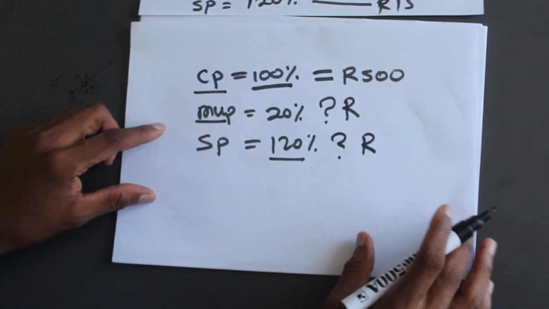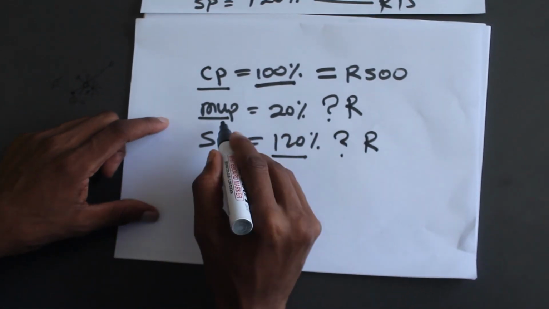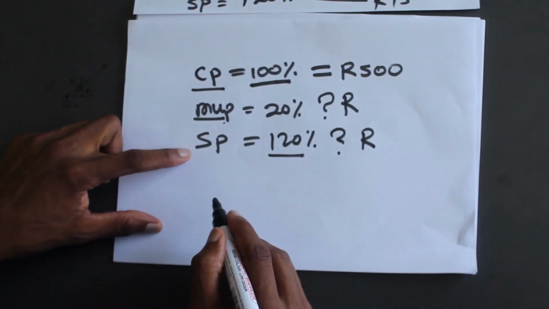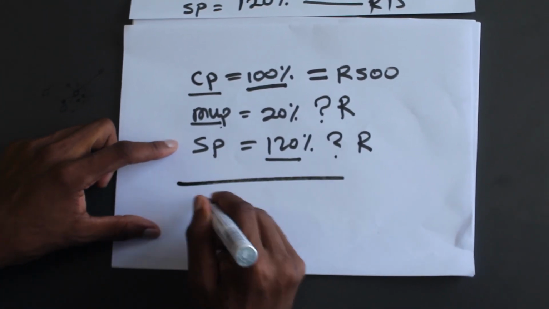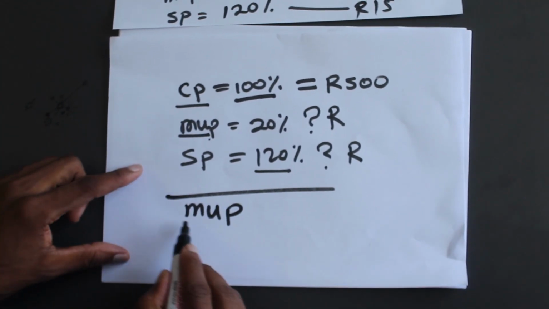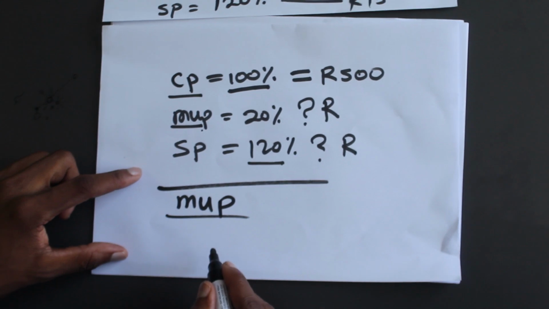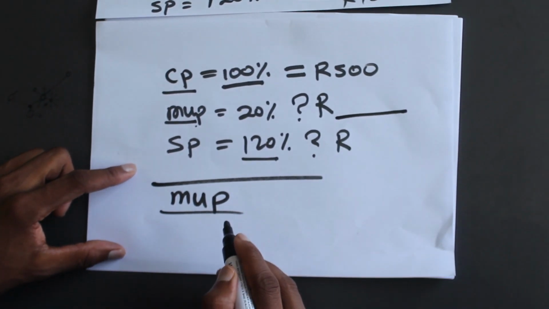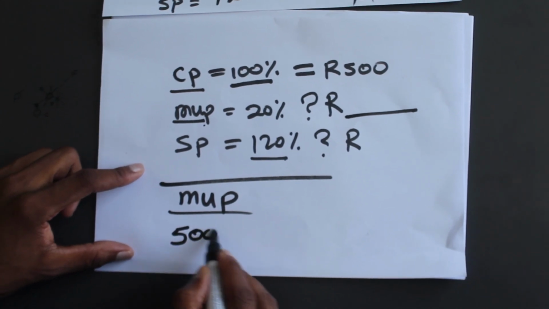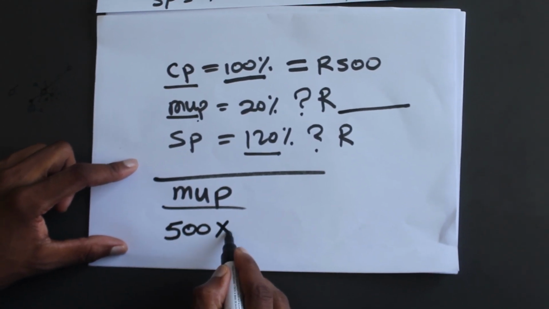So it's going to be easy. Let's calculate our markup in rand, and then let's calculate our selling price. I'm going to start with markup. Your markup is 20%, but we want it in rand. So you're going to say 500, multiply by, what are you looking for?